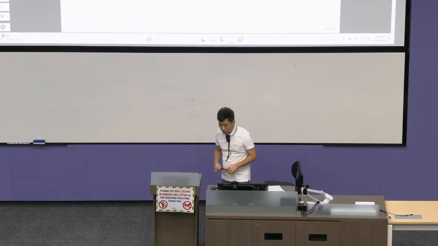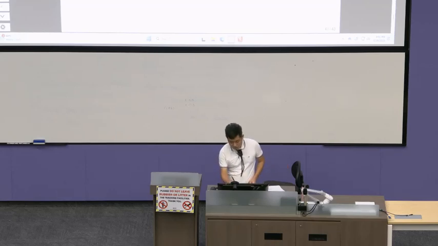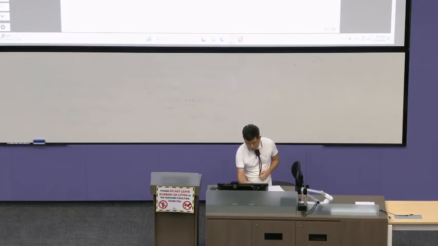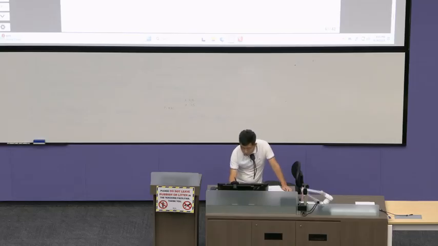Optional sampling theorem. This is another definition we have. It says for a martingale X_t, we know X_t is a martingale, and we have a stopping time tau. Under suitable conditions, we say the expectation of X_tau is equal to the expectation of the martingale at the start.